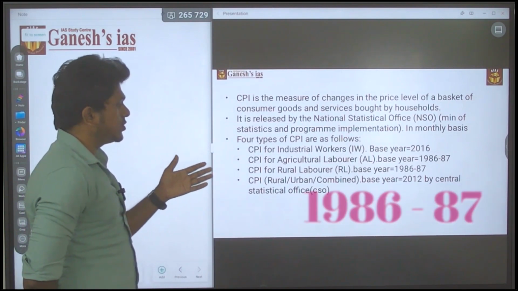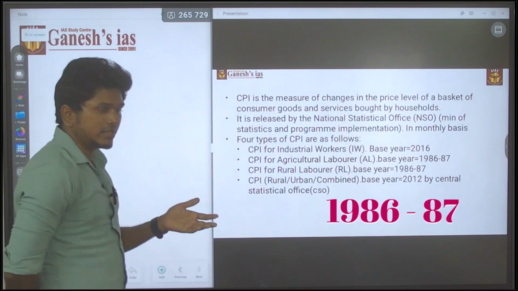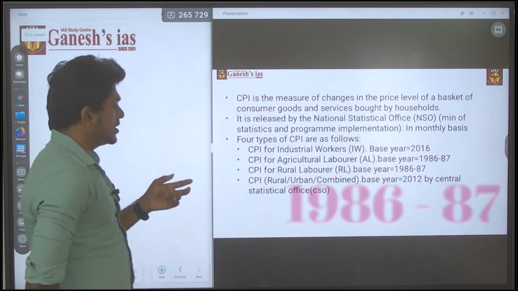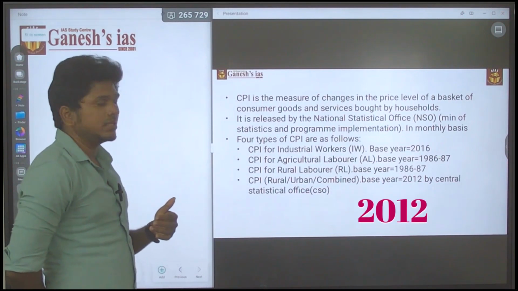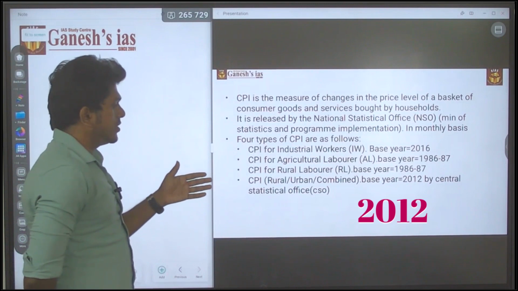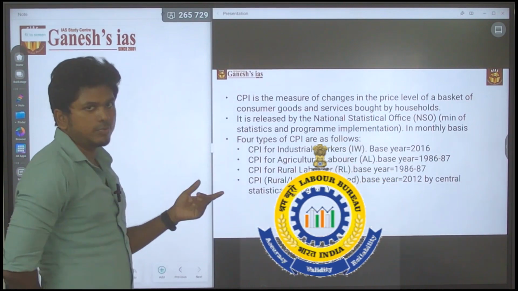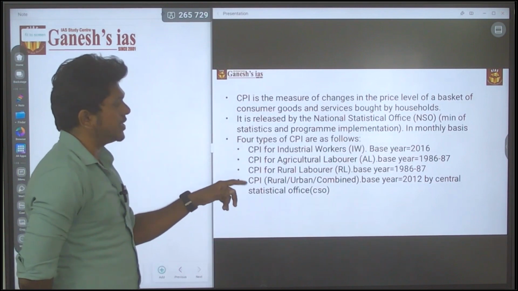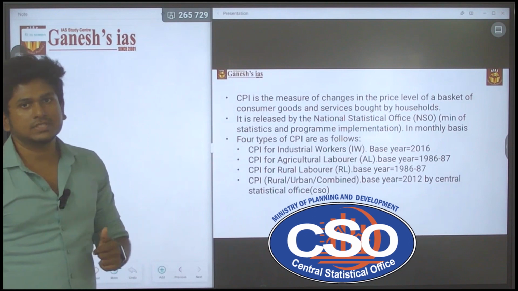And for the CPI of rural labour, the base year is again 1986-87. And for the CPI combined, the base year is 2012. Up to these first three are released by the Labour Bureau, and the last one, the CPI combined, is released by the Central Statistical Office, CSO.